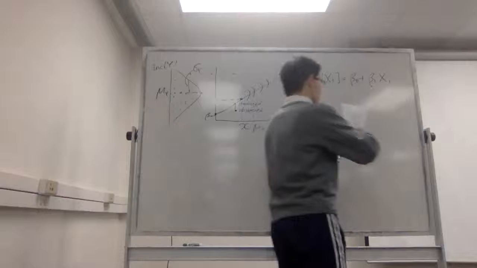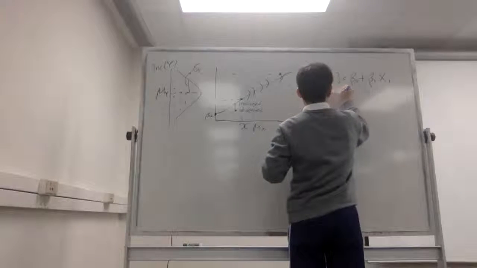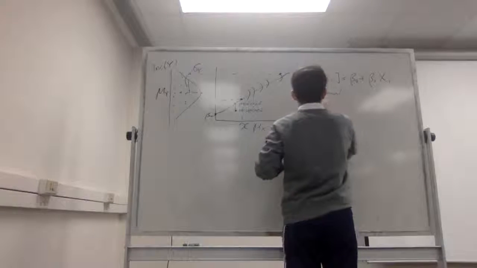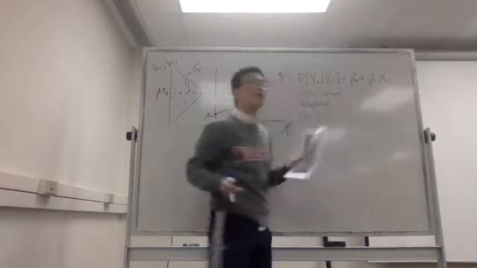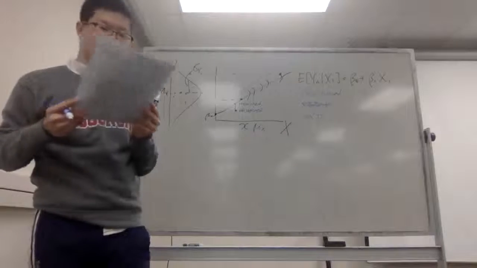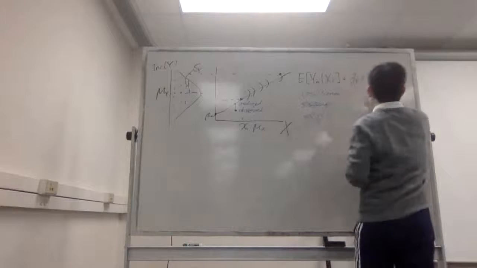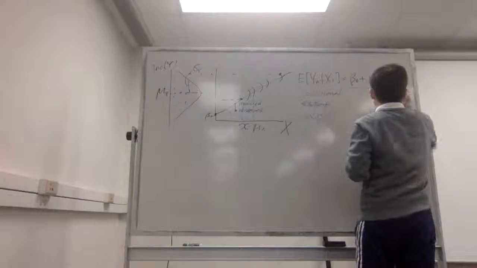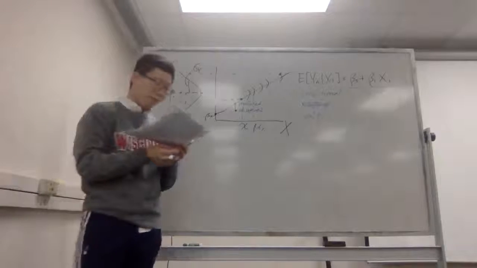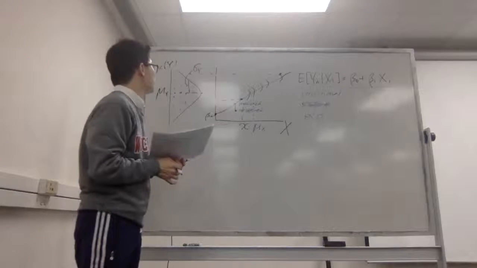So this is the conditional expected value, or predicted value, sorry, conditional expected value of y given x equals xi. This is also noted as yi hat. Okay. Any questions? Nope. All right.